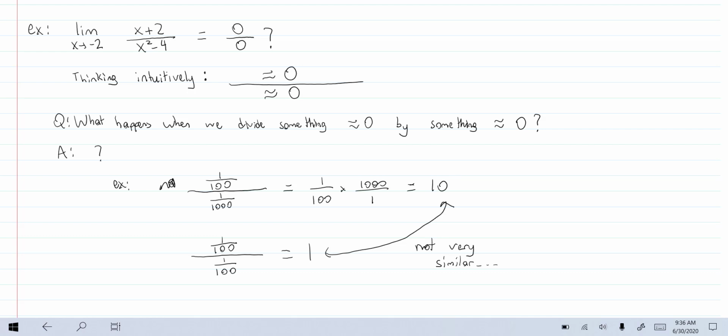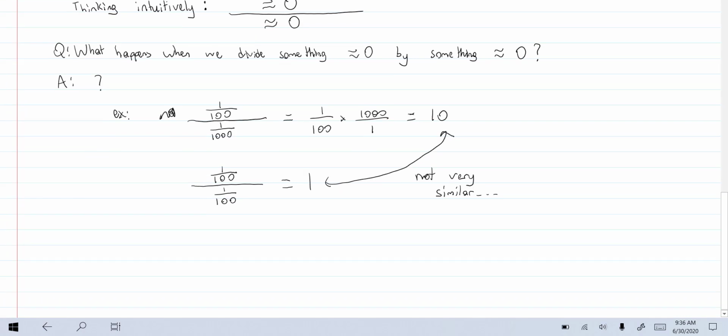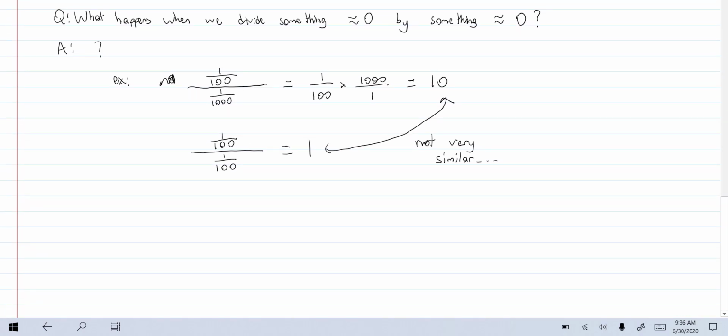So because it's not really clear what the answer may be, from this sort of crude method of thinking intuitively about the problem, we refer to 0 over 0 as an indeterminate form.